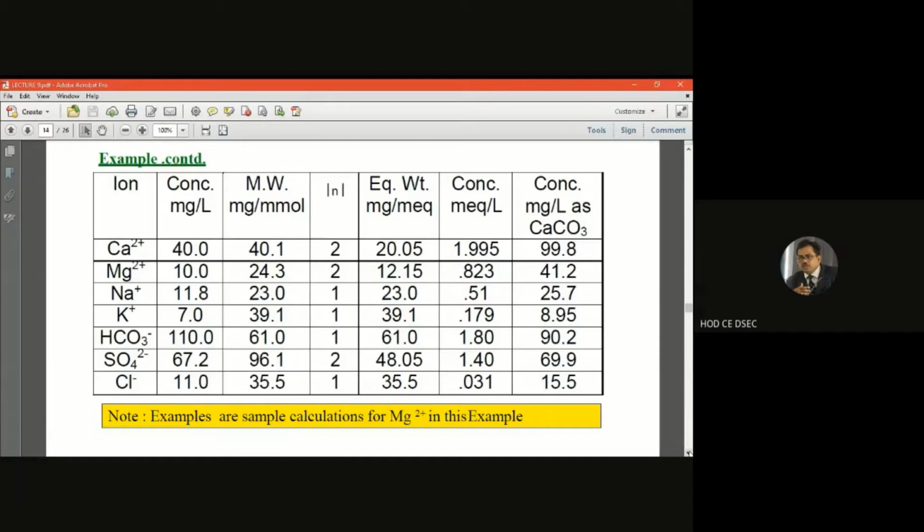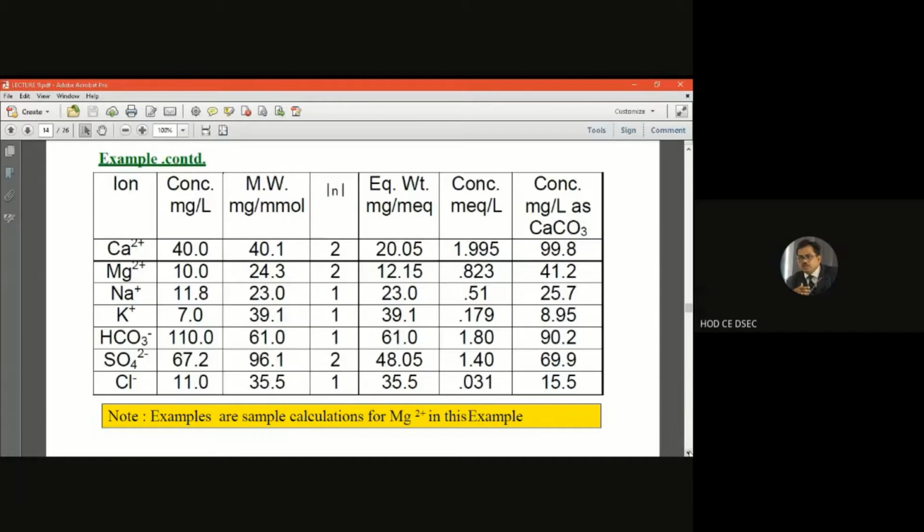The first column will represent the ions: calcium, magnesium, sodium, potassium, bicarbonate, sulfate, and chloride. It is a mix of cations and anions, that means positive and negative ions.